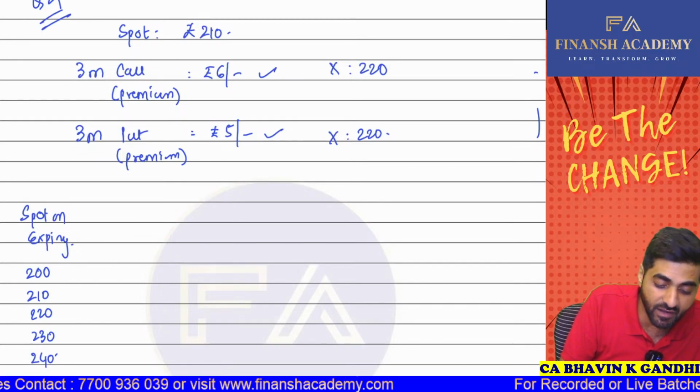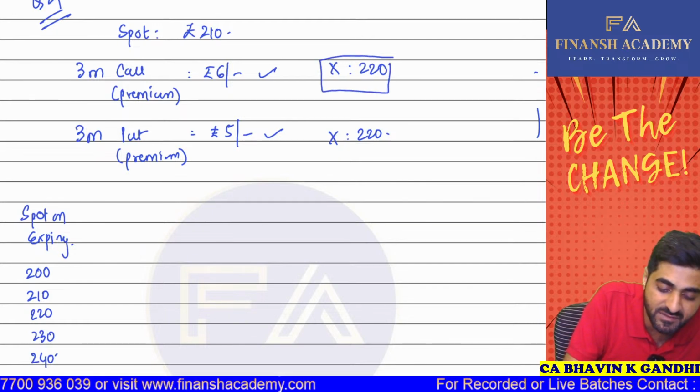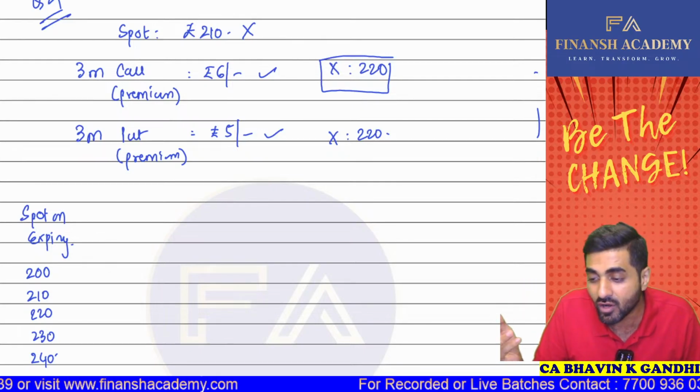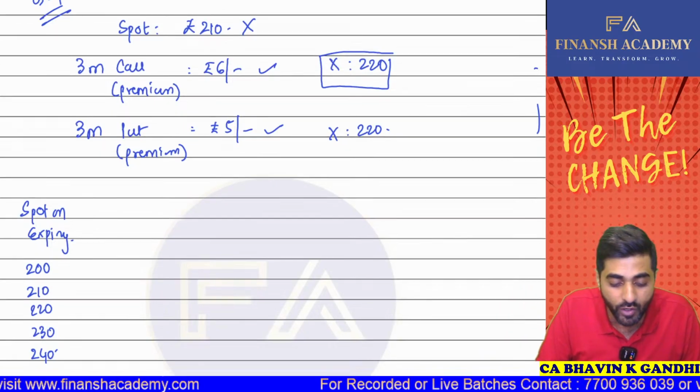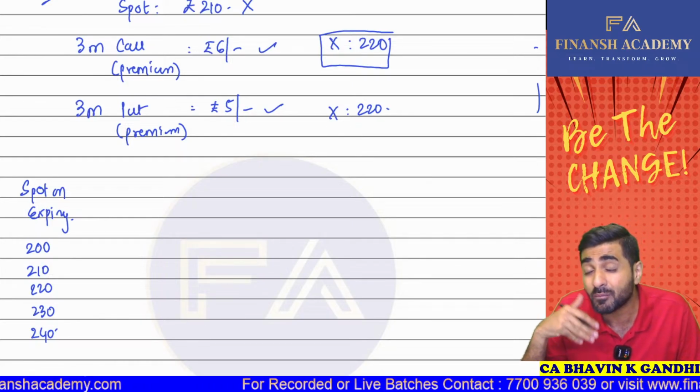So we have the strike price of 210. By the way, this spot is now no longer of any relevance to us, because we are now going to check what the spot on expiry is and what is going to be our payoff.